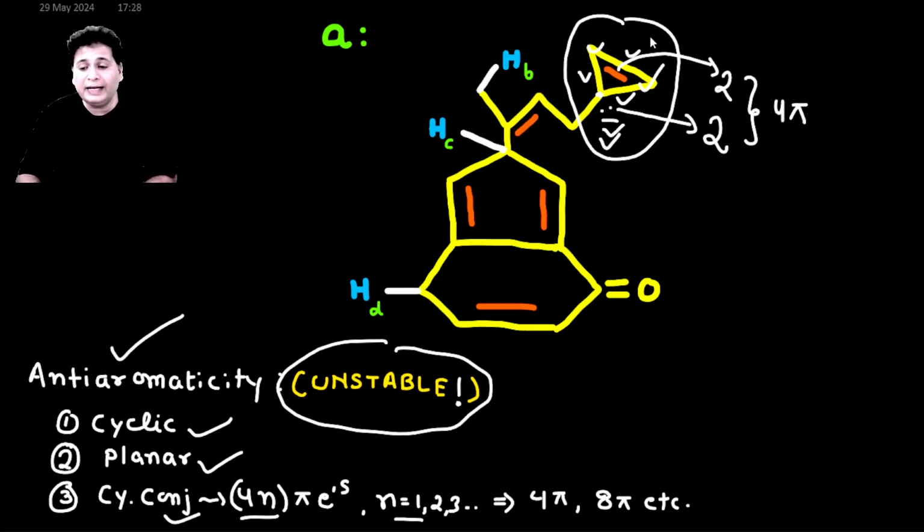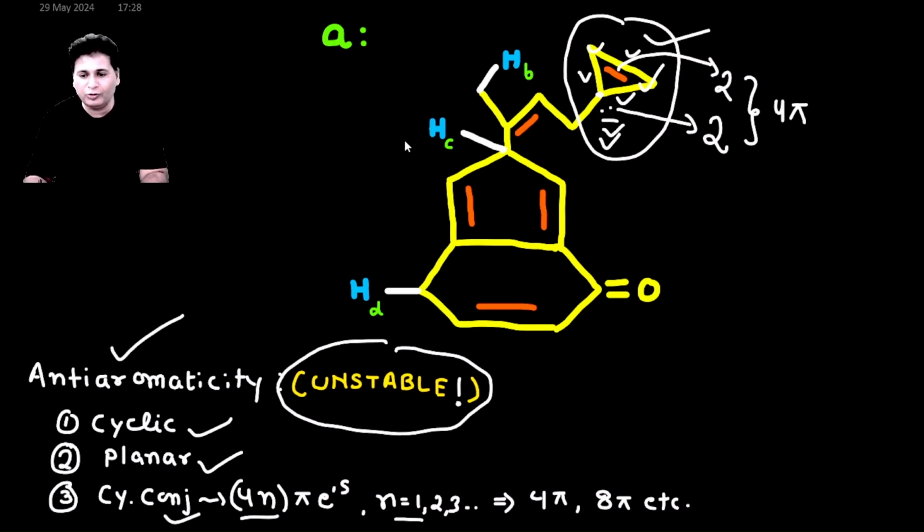Why? Because it gives anti-aromaticity to the system, which is not good for the health of this carbanion, this anion. So the hydrogen will not go away with that much inclination, with that much tendency, and therefore the acidity will be lesser. So that is how you have to diagnose the things.